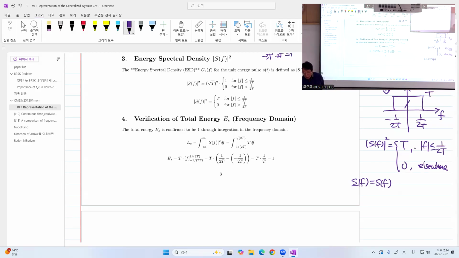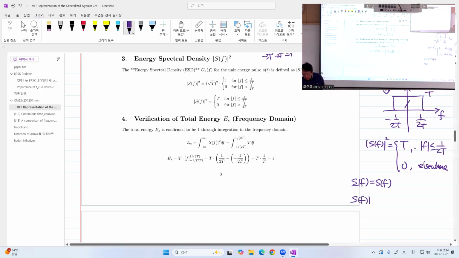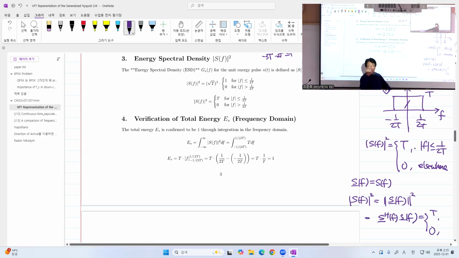Let's write this energy spectrum. The vector is just element 1. Now we use the inner product form. Then we have T inside the Nyquist zone and 0 elsewhere.